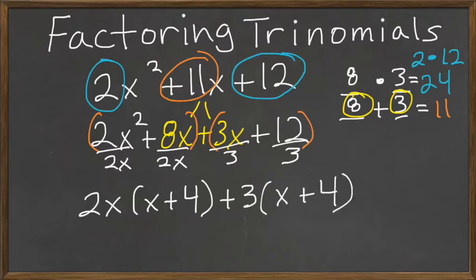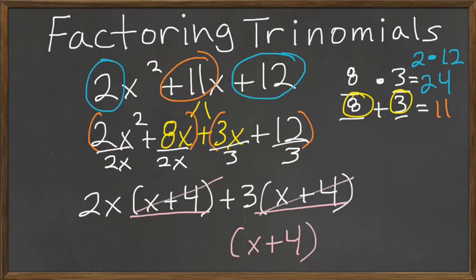And we'll know we did it correct when we get the same binomial here. This will always happen. We get x plus 4, x plus 4. We're going to factor that out of both of these. Write it over here, x plus 4.